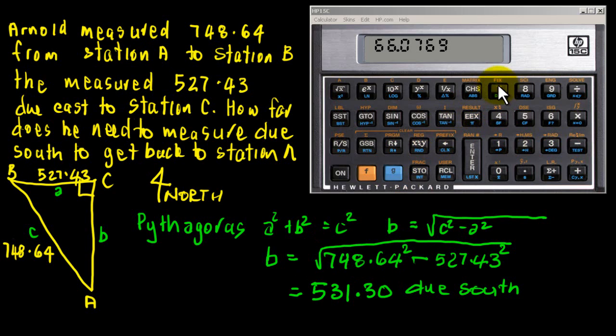So here we go into the 15C. 748.64, x squared. Oh, that's a pretty large number.